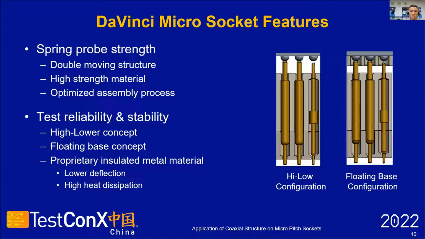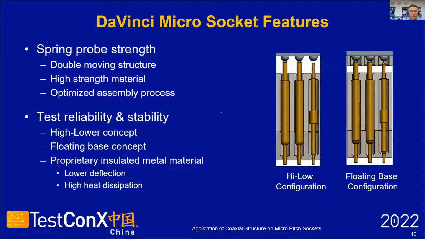For the socket features, as you know, this is a fine pitch application plus the coaxial structure. The spring probe strength is one of the key concerns for this DaVinci Micro product, especially for this signal probe. The diameter is only about 3 human hairs, so it is very small.